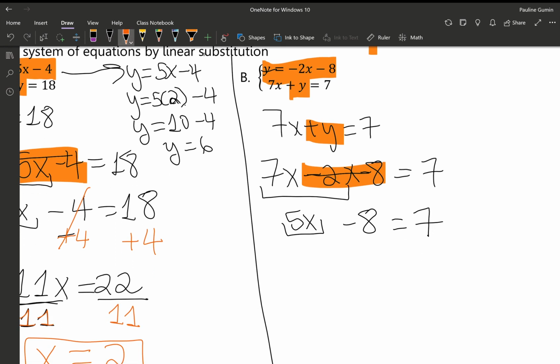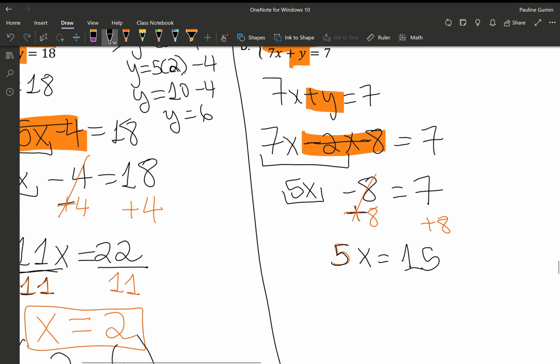Let's continue by adding 8 to both sides to undo the minus 8. We're left with 5x equals 15. How wonderful, because all we have to do now is divide both sides by 5. And we are left with x equals positive 3. Wonderful.